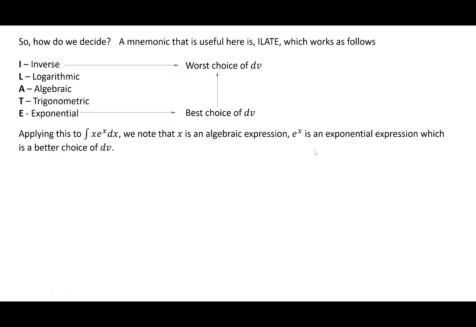So that means e to the x dx is a better dv. And automatically, u must be x. The remaining part is u. Always do that. The dv is the exponential part, and that's a better choice. So e to the x dx should be dv, and the rest of it is u. Cool? That's the idea.